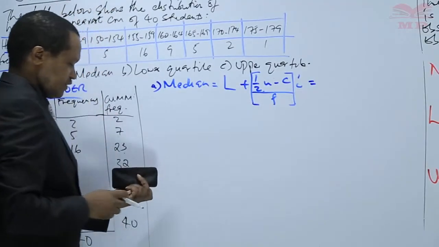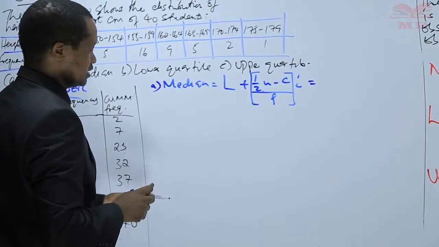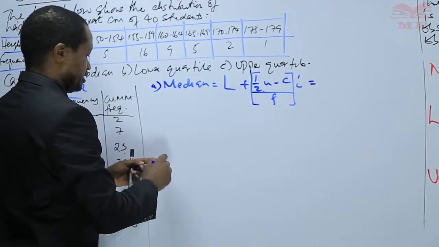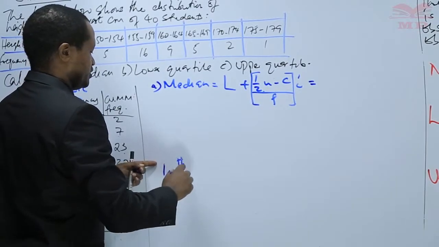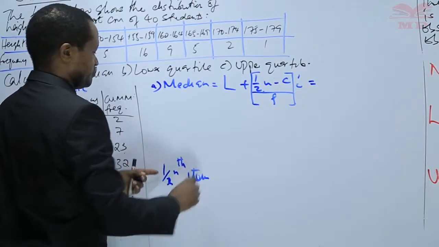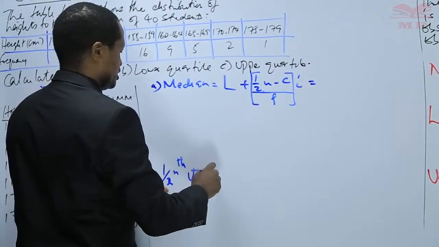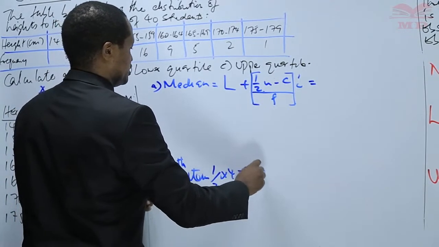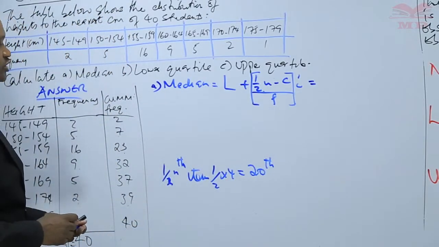So learners, the first calculation we need to do is to get the half item, which is equal to a half times 40, that is the 20th student.